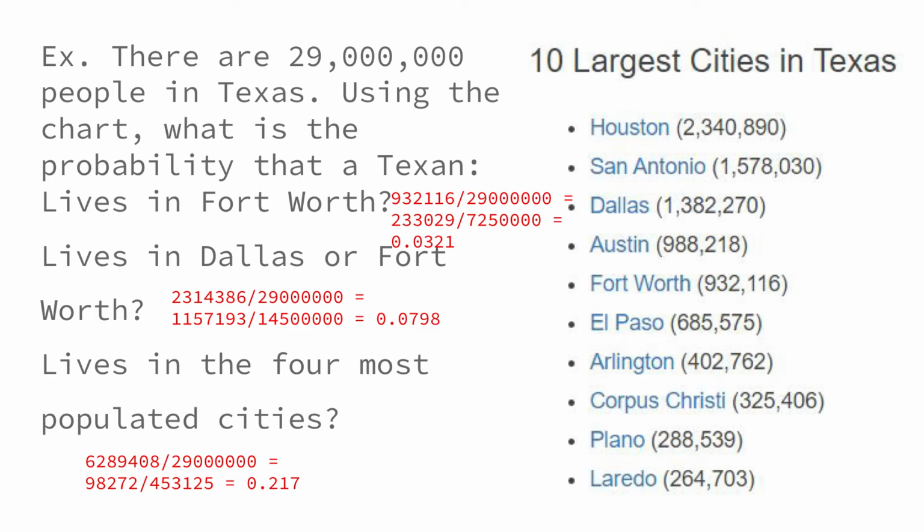All right, so here's the example that we're going to look at. There are 29 million people in Texas. Using the chart, what is the probability that a Texan lives in Fort Worth? So if we look at how many people live in Fort Worth, there's 932,116. So that's what you're going to put on the top, and then we're going to divide it by our total of 29 million.